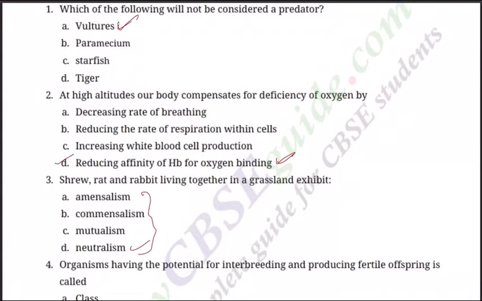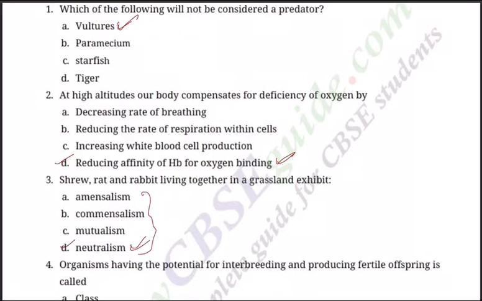Question 3. Shrew, rat and rabbit living together in a grassland exhibit A. Commensalism, B. Commensalism, C. Mutualism, and D. Neutralism. It has to be again D. Answer D, neutralism. The reason being that all these animals mentioned live happily in the grassland without harming each other.